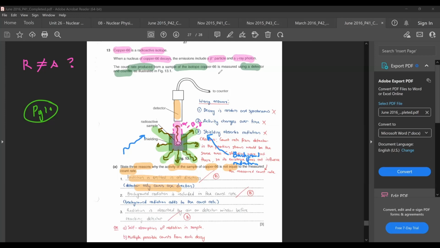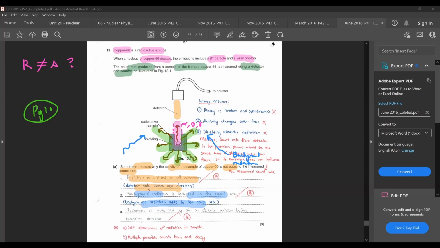So you can say here, background radiation is included inside your count rate. So it actually adds to your count rate. Okay, the statements in blue is more like just explanation. You're not really required to explain because your question here just says state. They didn't say state and explain. Okay, so just state what are the reasons. Don't need to explain so much.